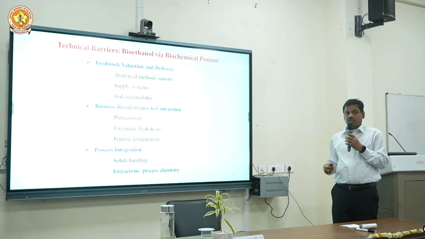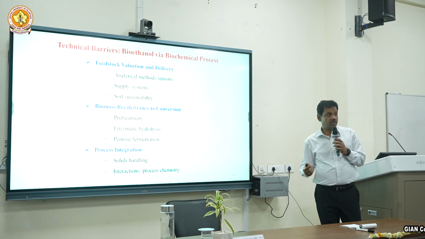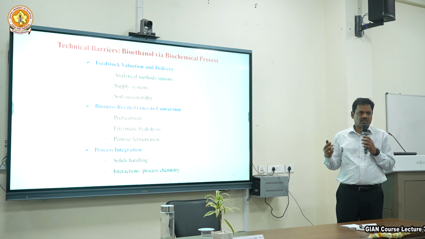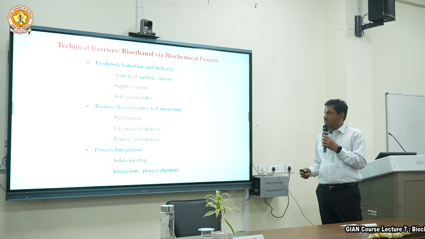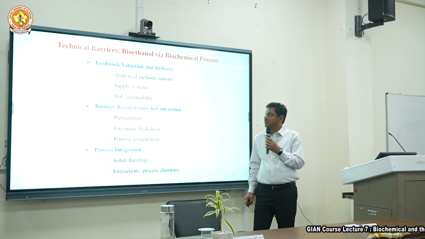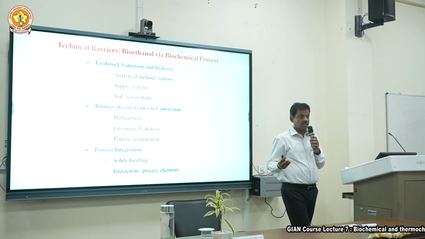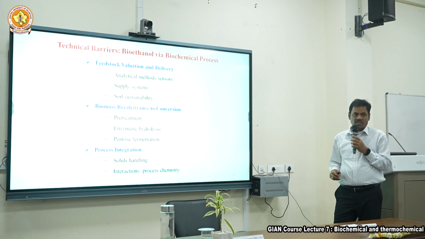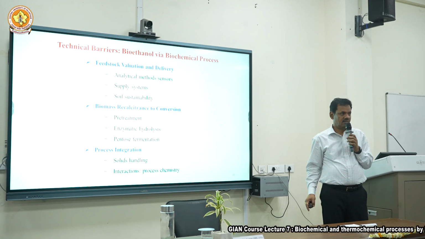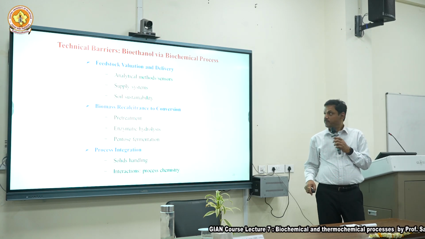Technical barriers which industry is facing, especially when we are looking at corn stover, grass, rice husk, and other things: feedstock variation and delivery, and the analytical methods which I have been talking about. So all becomes tough. Supply system, which we don't see, is another logistic issue.